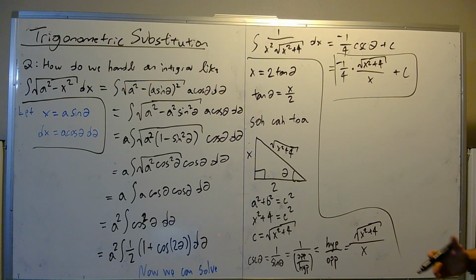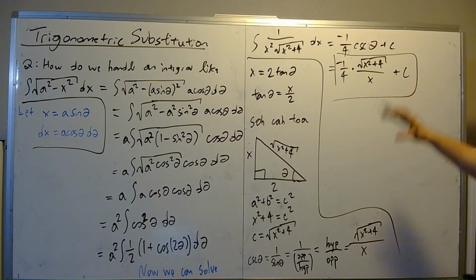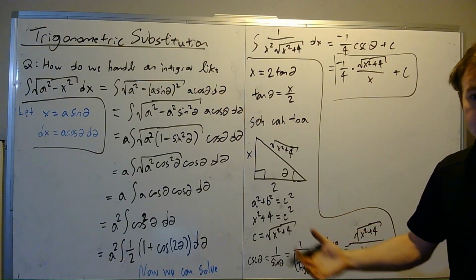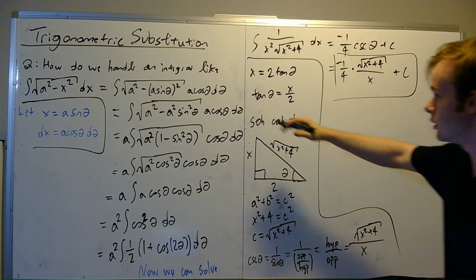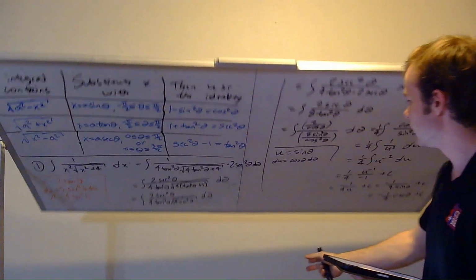Right. So it might seem a little bit confusing just because we've only done one example, but it's actually the same steps for each of the problems. We use different parts of the table for each of the problems, but it's the same steps. Let me flip over to the other side.